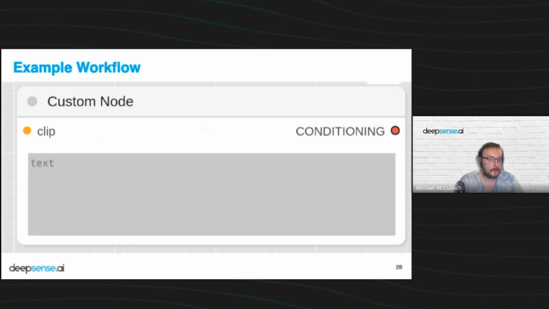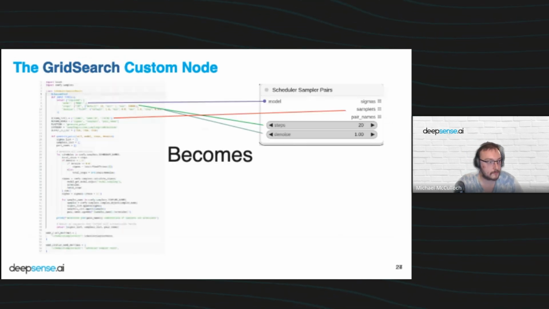What is a custom node? It's very straightforward. It's got an input and it's got an output, and it does some processing. The processing can be anything you can describe in Python. The inputs and outputs have to be constrained to whatever ComfyUI inherently understands. And as we'll see, there are a lot of primitive types in Comfy. This is a full example of a custom node.